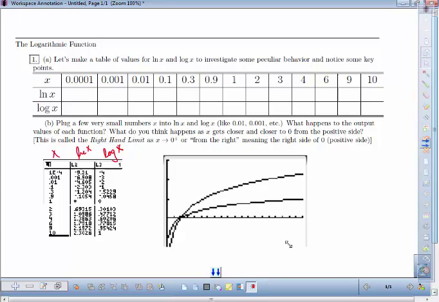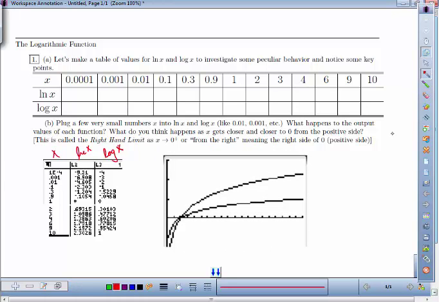Oh, sorry, I forgot. Which one was ln again? The first one. Which, the top one? Yeah. But they switch, right?